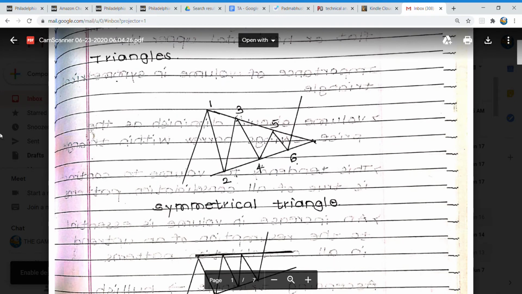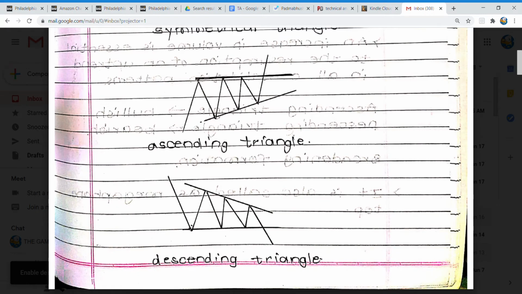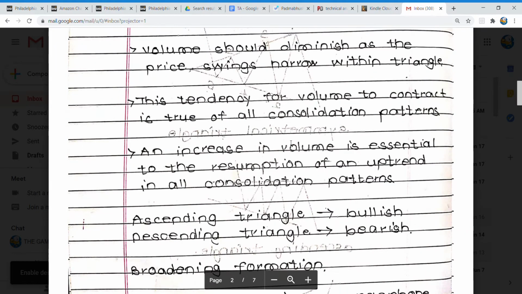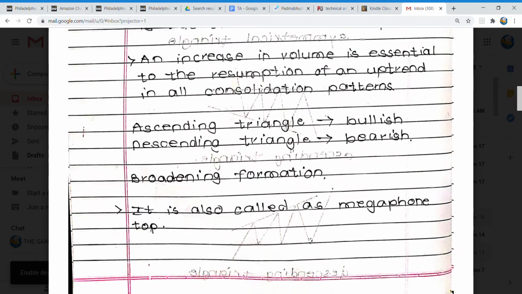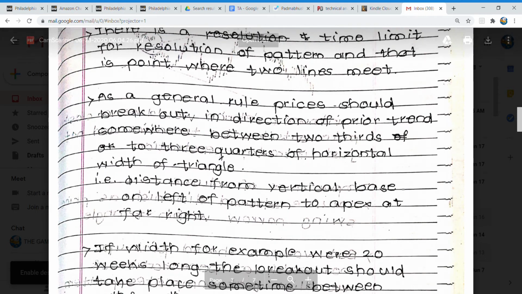In this figure of a symmetrical triangle, if the distance from point 1 to the apex of the triangle is 20 weeks, then the breakout should occur at the 13th or 15th week.